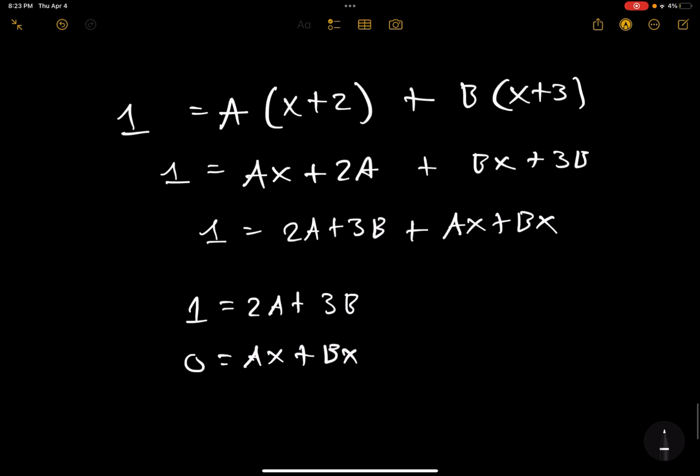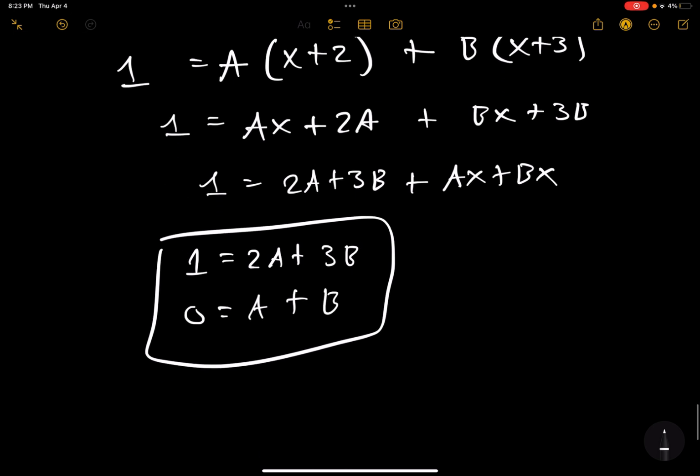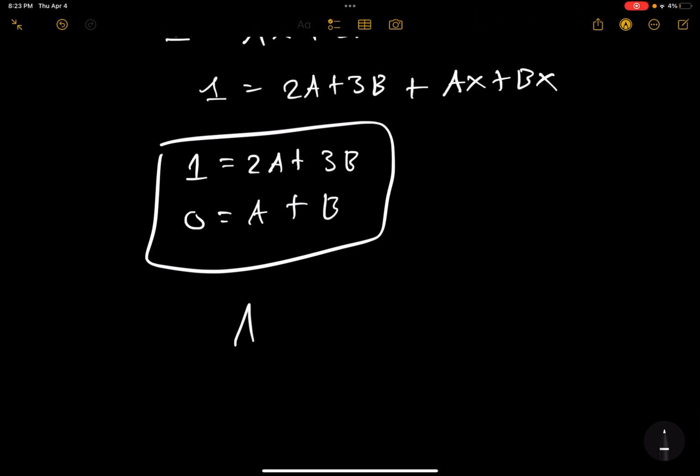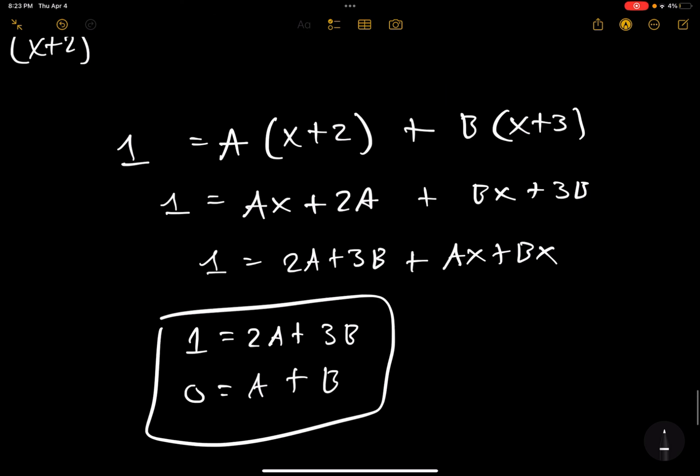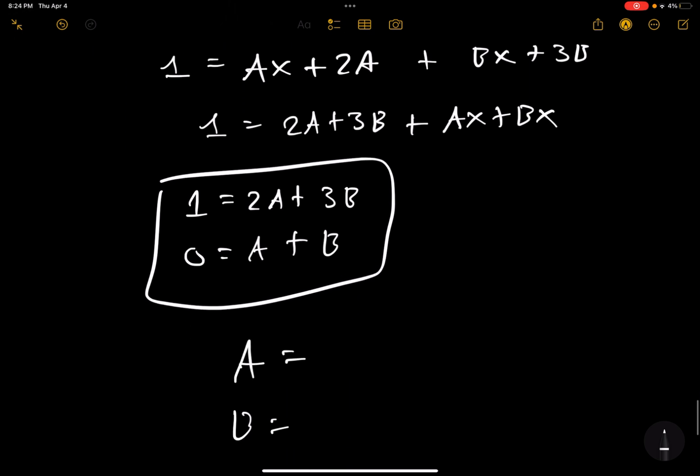And this is the simultaneous equation we will have. Because it's actually not x, it's just a plus b. That is the simultaneous we have, and then we solve it and we get a and b. That is basically all we have to know for partial fractions.